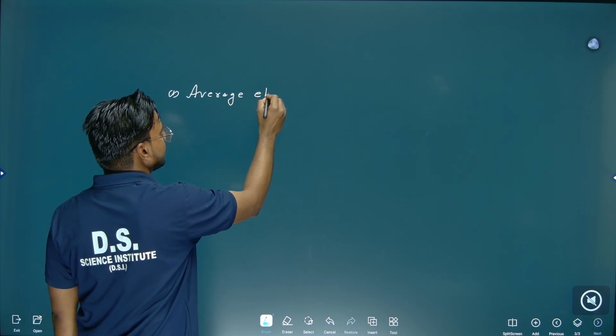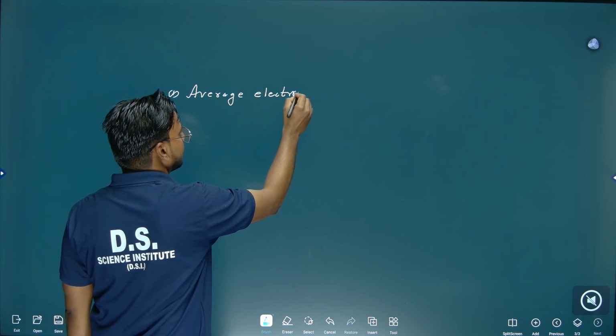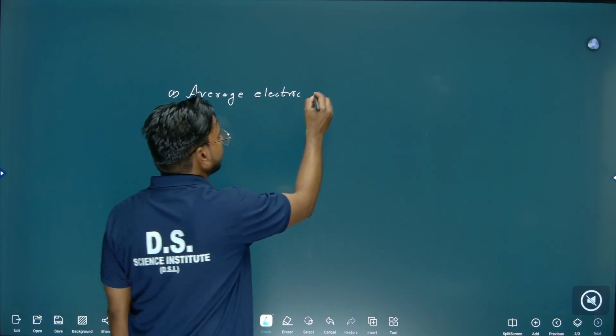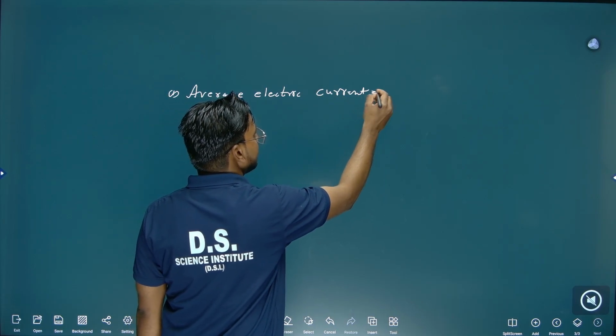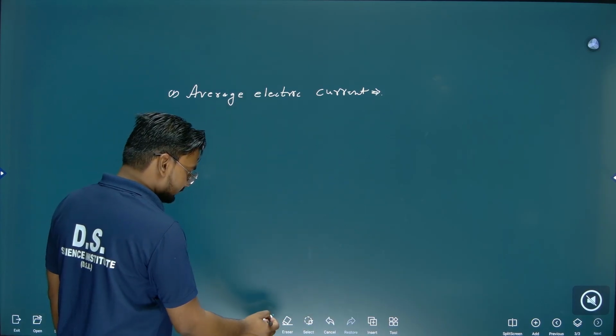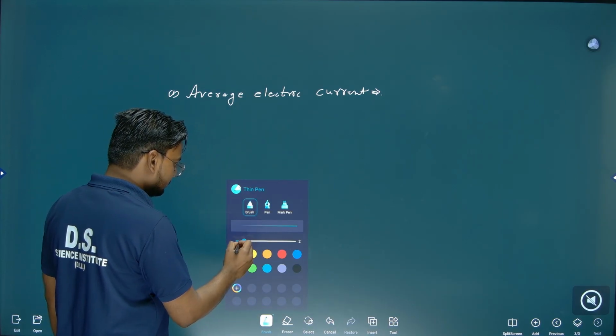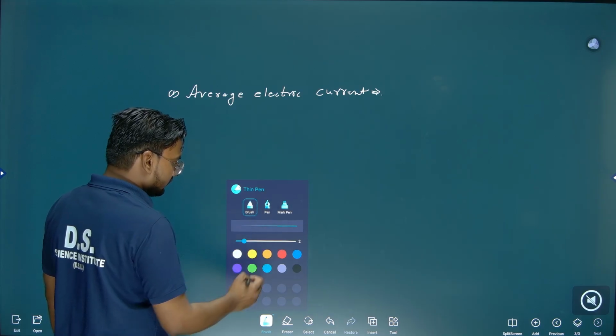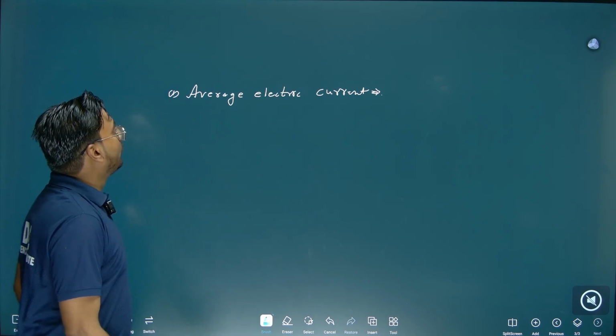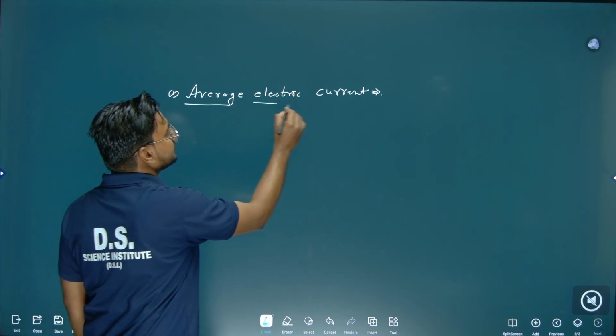Average electric current. What is average electric current?